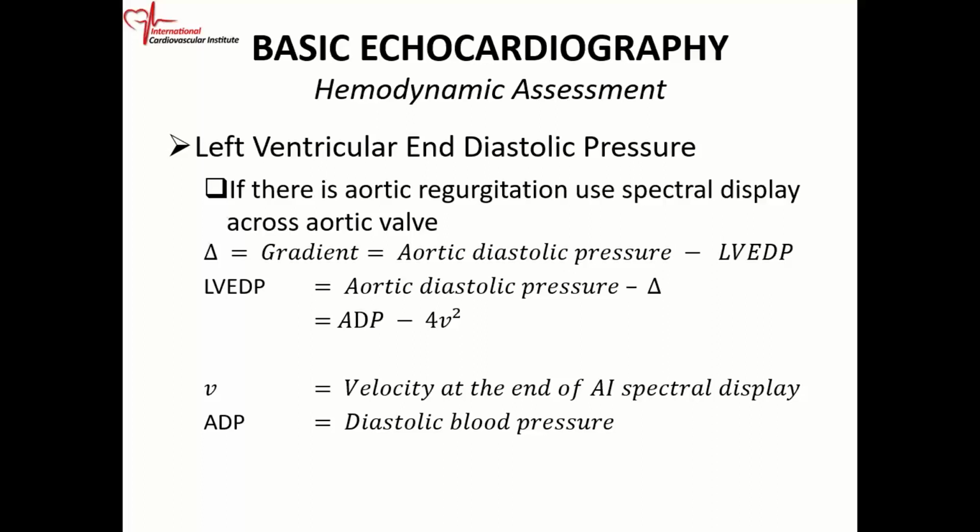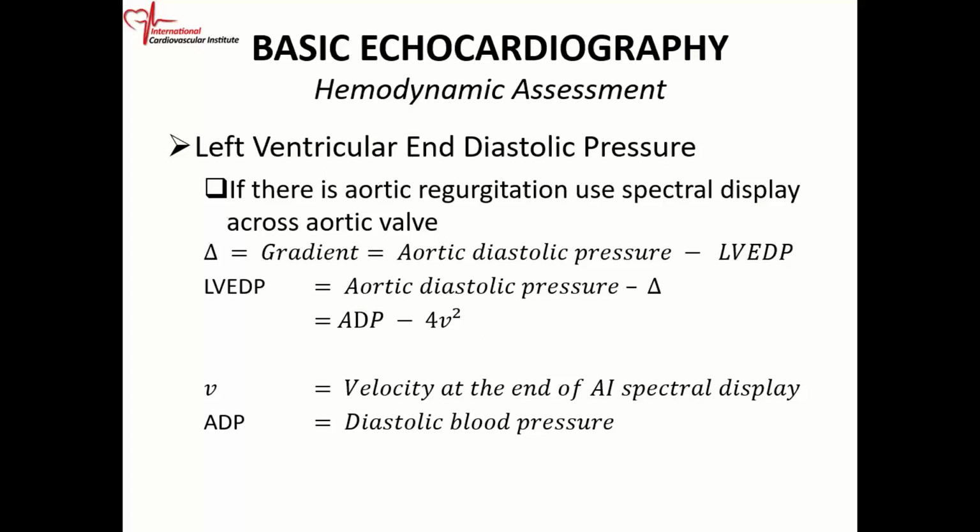Just extra thinking again. If we have aortic insufficiency, aortic regurgitation, aortic regurgitation is a diastolic phenomenon where you have blood flowing from the aorta. It's going to go in the opposite direction now.